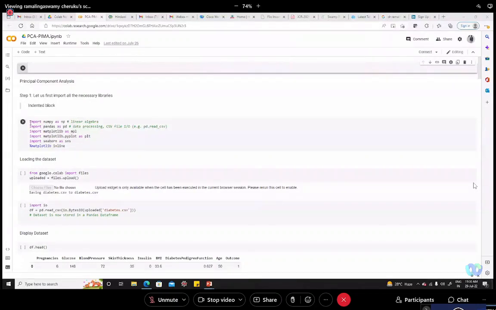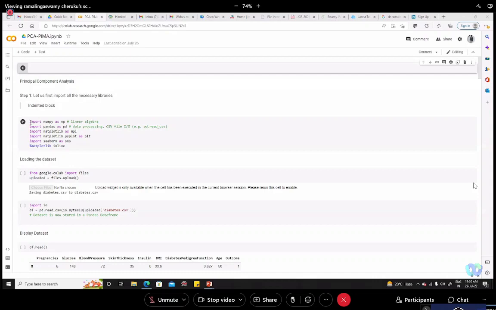records. Now, for PCA, I will mostly require some algebra for matrix or vector multiplication, so I require functions related to matrix multiplication. That's why I'm importing the NumPy library.